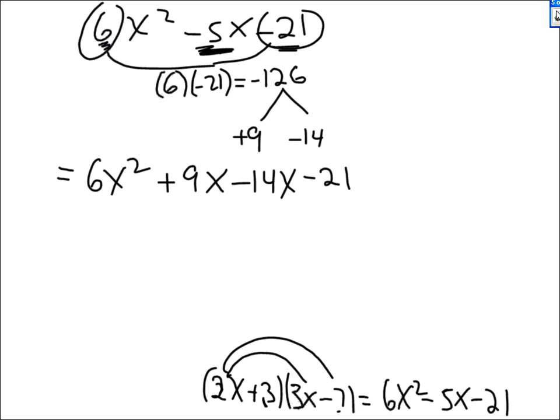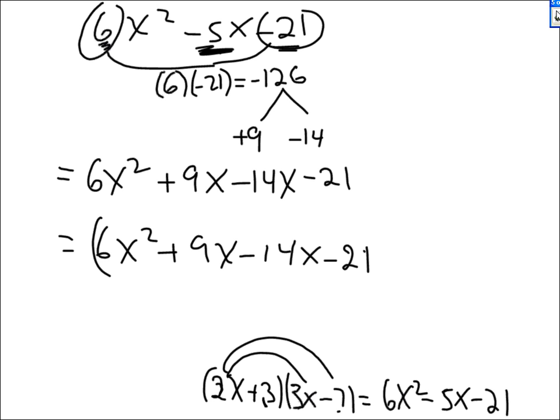Or am I going to do that? If I do that, I run into this silly problem. After I group the first 2 and the last 2, I get a minus in the middle. Why did I get a minus in the middle? Because that number was negative. If that number were positive, then I would have a positive in the middle. That is, if you can, you should let the second number always be positive.